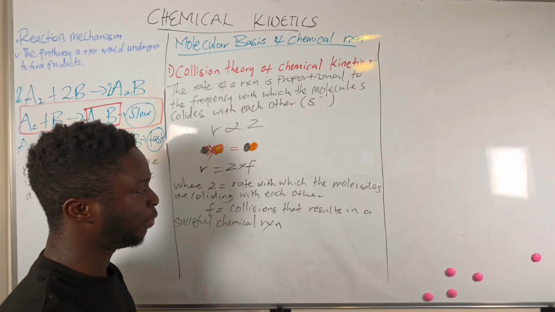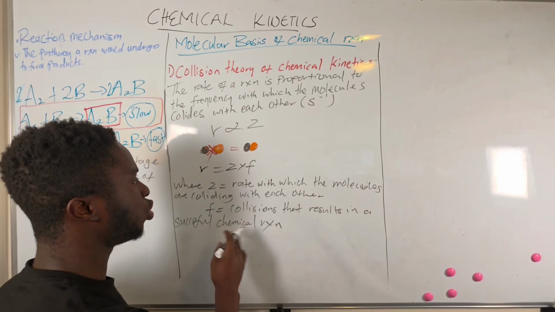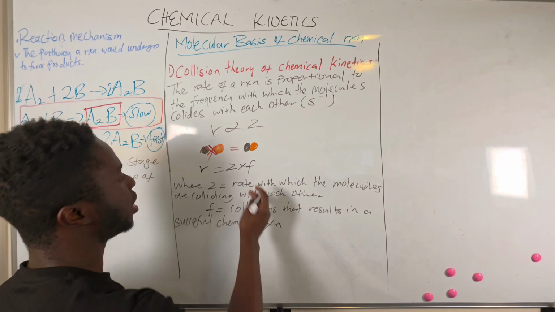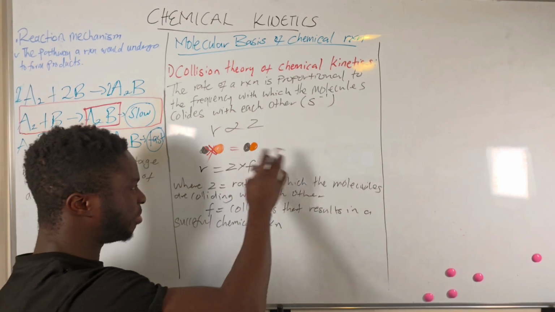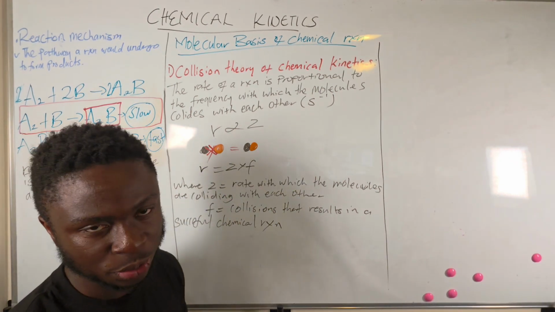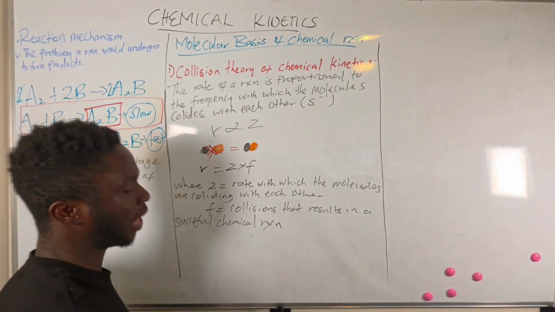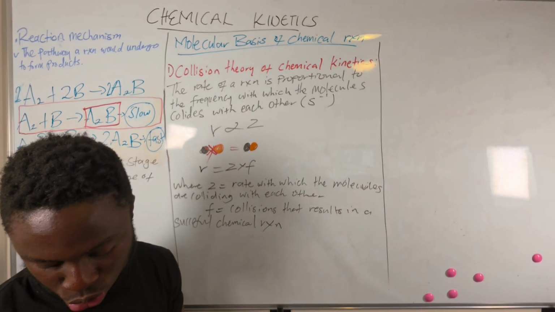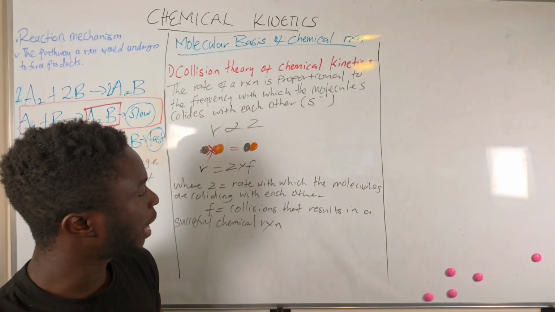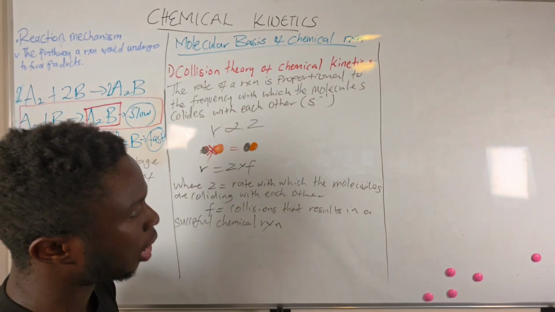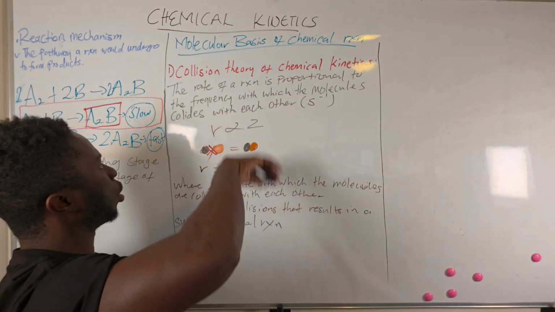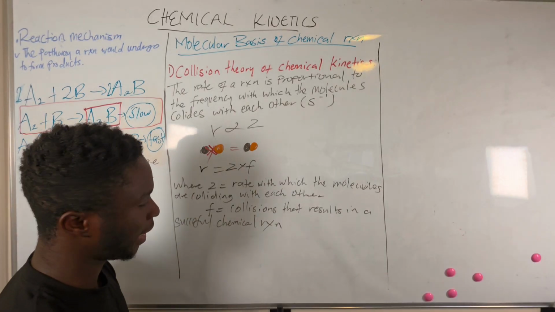If they collide with enough energy to overcome the activation energy, then they're going to fuse together to form one compound over here, as we know, 2AB. So now that becomes the collision theory of chemical kinetics.